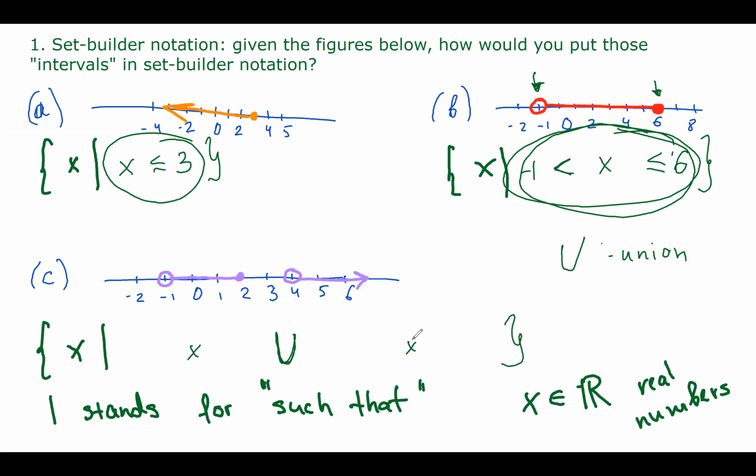X cannot be 4 because you see it's excluded. But X should be what? Greater than 4. So you will put X is greater than 4 here. So X could be 5, X could be 6, X could be 4.1, but it cannot be 4.